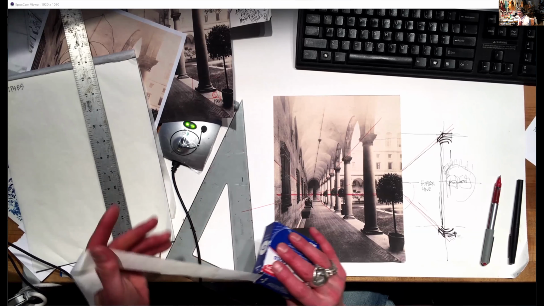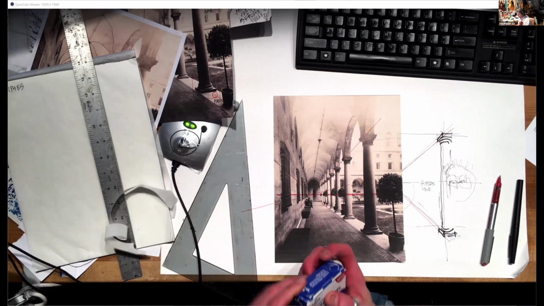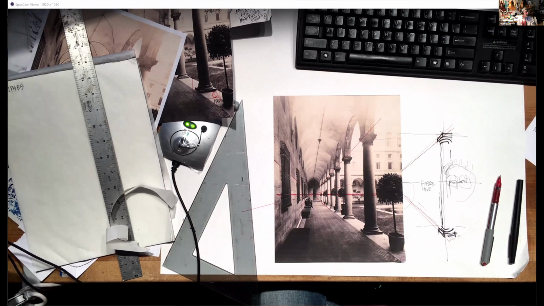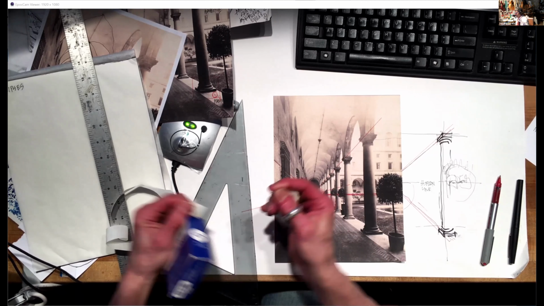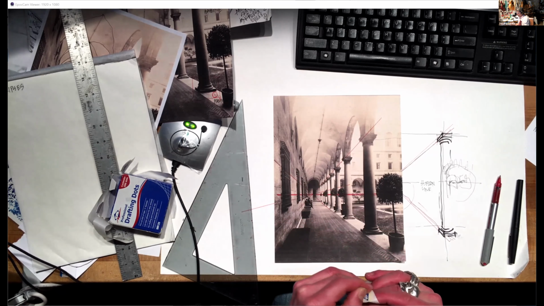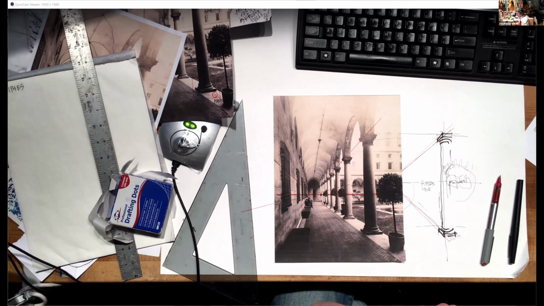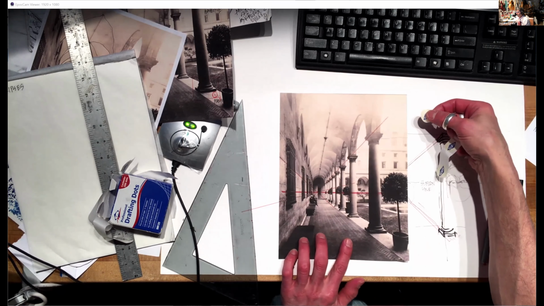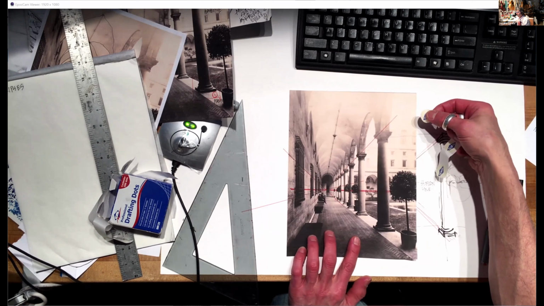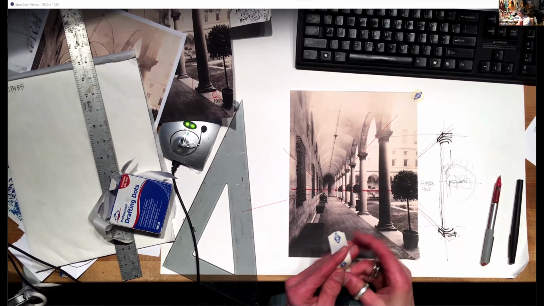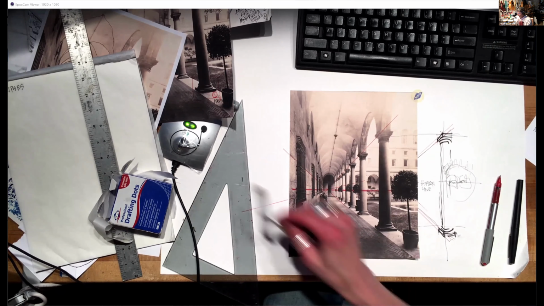They hold things in place. How do I get them out of here? Oh, I got it. Never mind. That's where I was drawing. So if I go beyond the limits of the page.